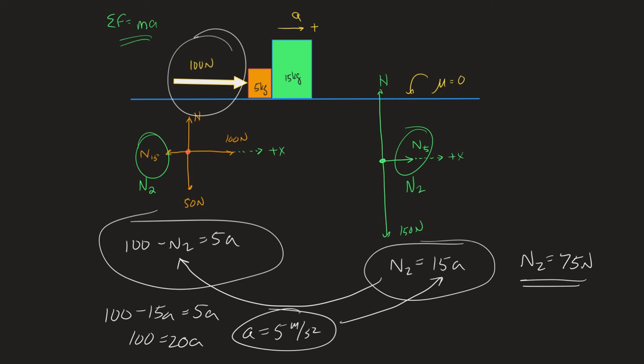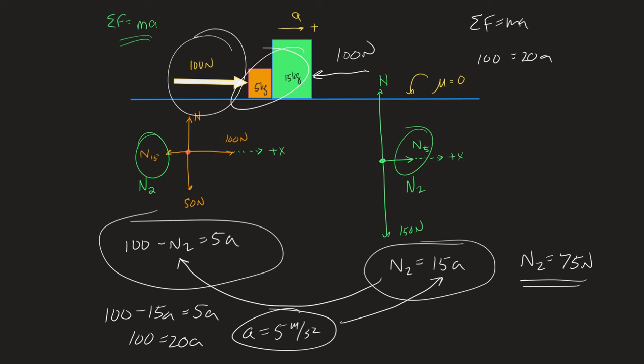Same force, same inertia. You might not see it this way, but if I pushed this way with 100 newtons of force instead, the whole system has a mass of 20 kilograms. You might not see it this way, but we could have cut out the middleman in this problem and done net force on the system: 100 equals 20A. We could have done that from the beginning. The whole system has a mass of 20.